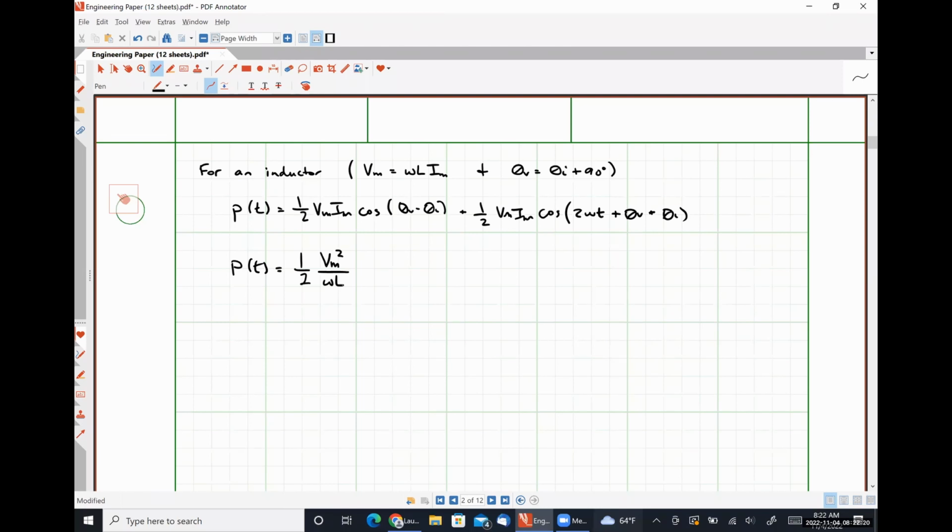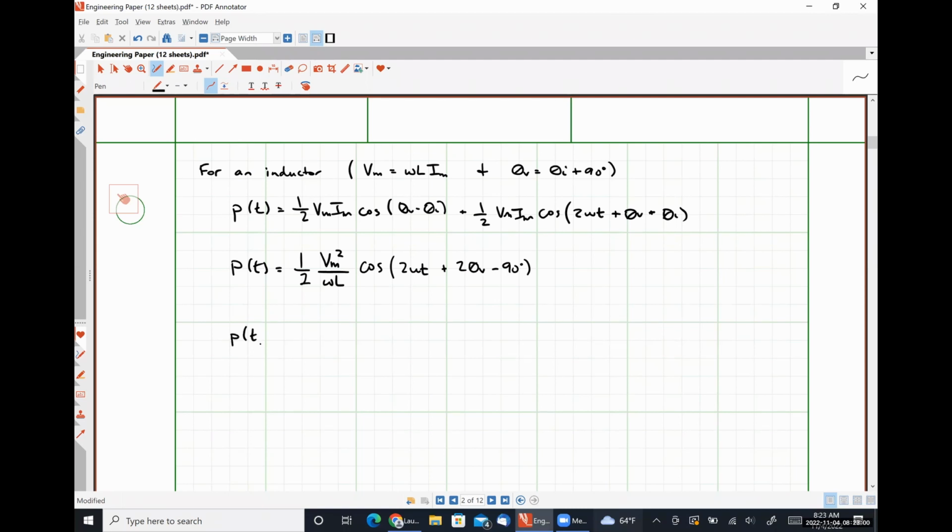Exactly half of the time it is absorbing power in a steady state sinusoidal circuit, and the other half of the time it is supplying that power back to the system. Always just going back and forth. So we're going to move over to the right-hand side of the expression, understanding that the DC part is 0. We're still going to have 1/2 Vm Im, which looks like 1/2 Vm squared over omega L. Now we're going to have cosine twice omega t plus twice theta V minus 90 degrees.